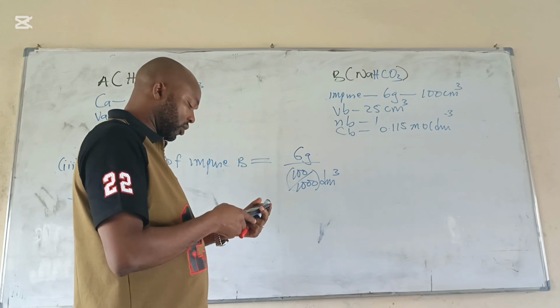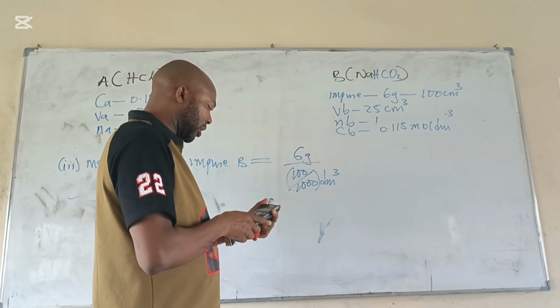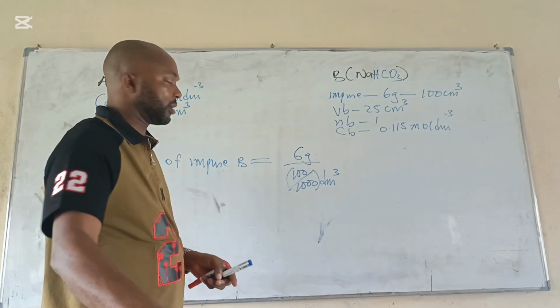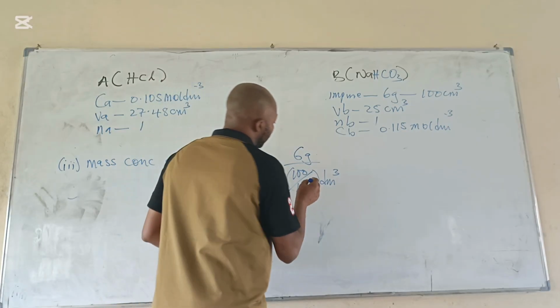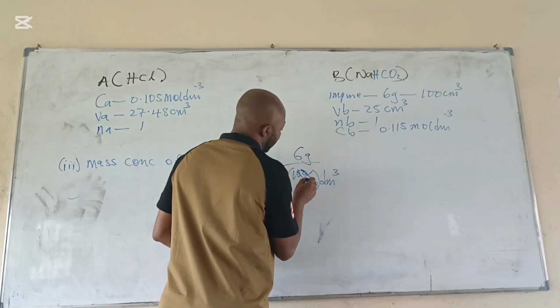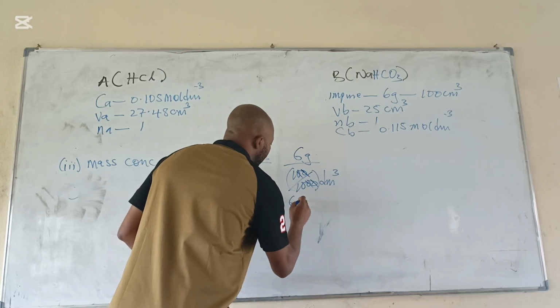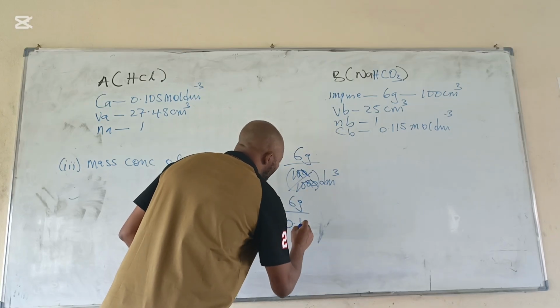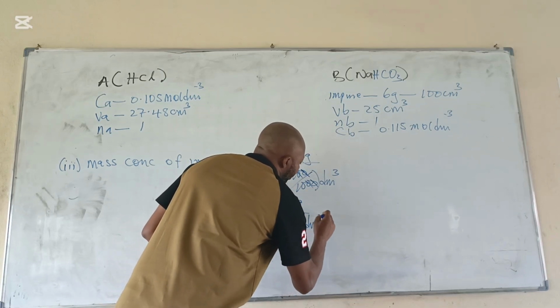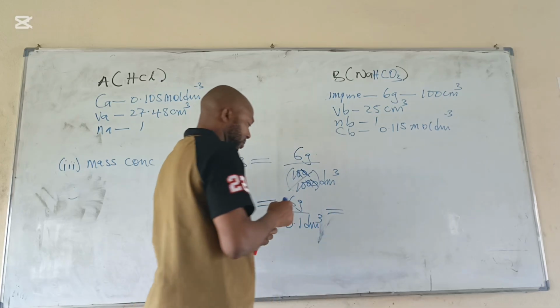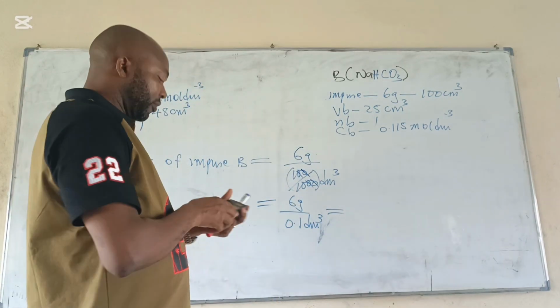So now I have my 100 divided by 1000, I have 0.1, which is the same thing as 1 divided by 10, which is 0.1. So now I have 6 grams over 0.1 dm cube, and this will become 6 over that.